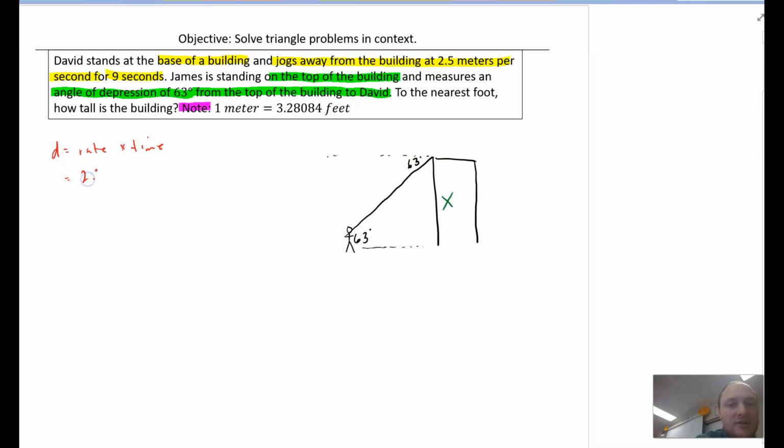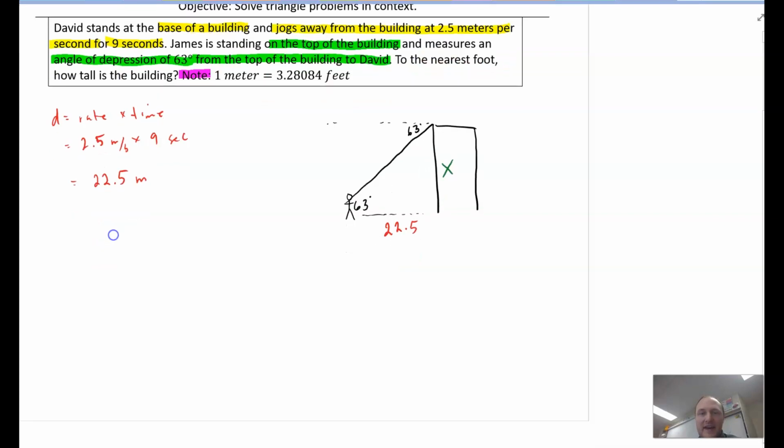So he's running at 2.5 meters per second, times 9 seconds. So that is 22.5 meters. Okay, so 22.5 meters. Now I want to find X.